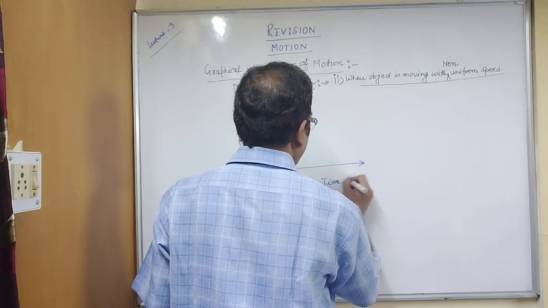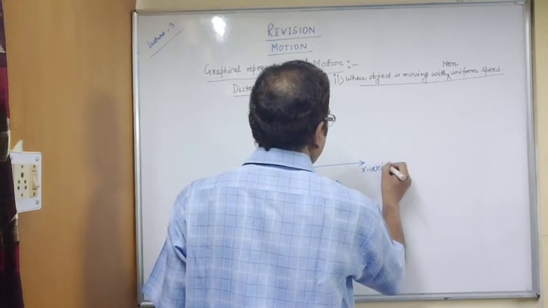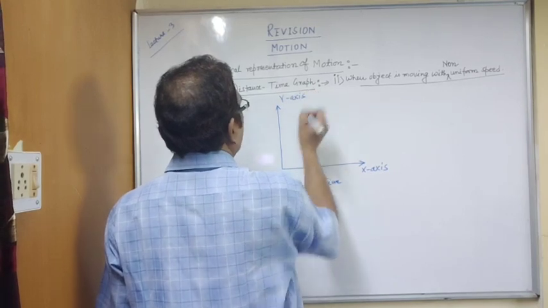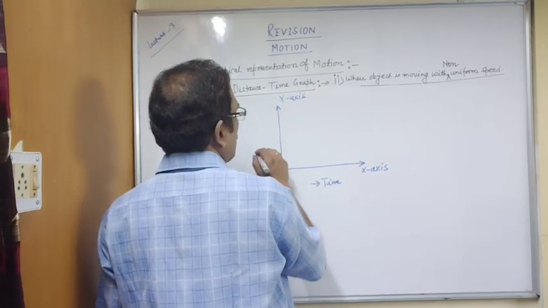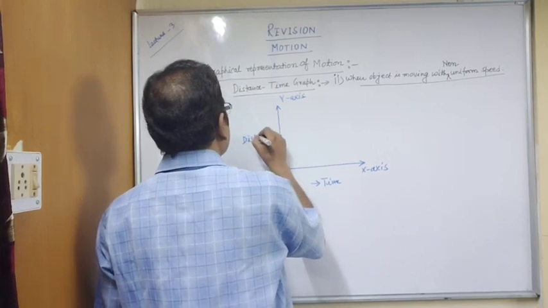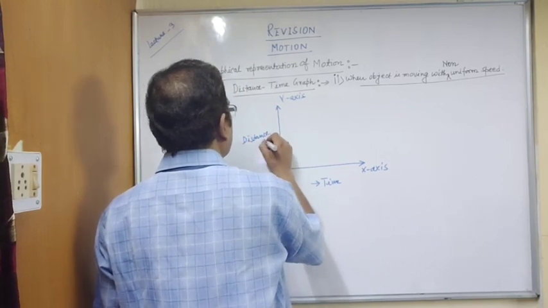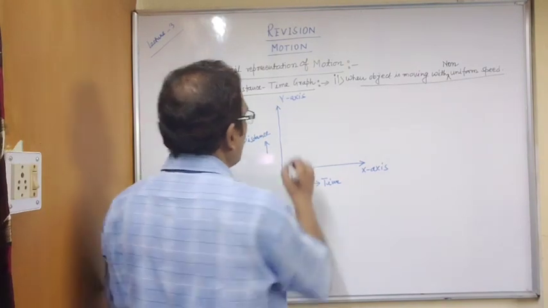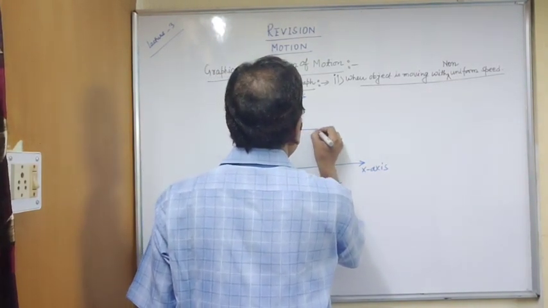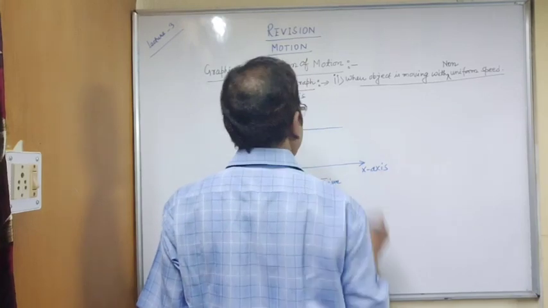Time we have taken on the x-axis and distance on the y-axis. So according to the question, the distance time graph is like this. It is parallel to the time axis.